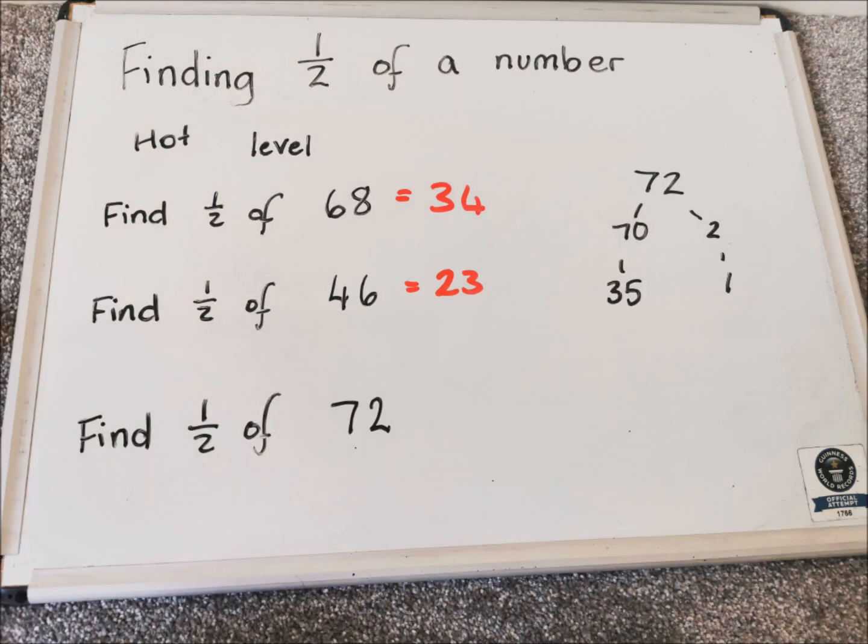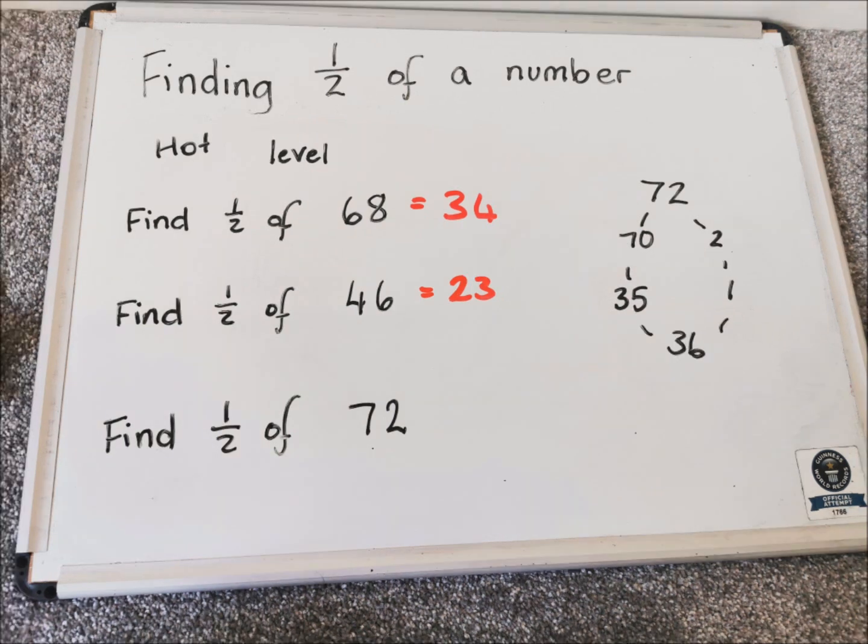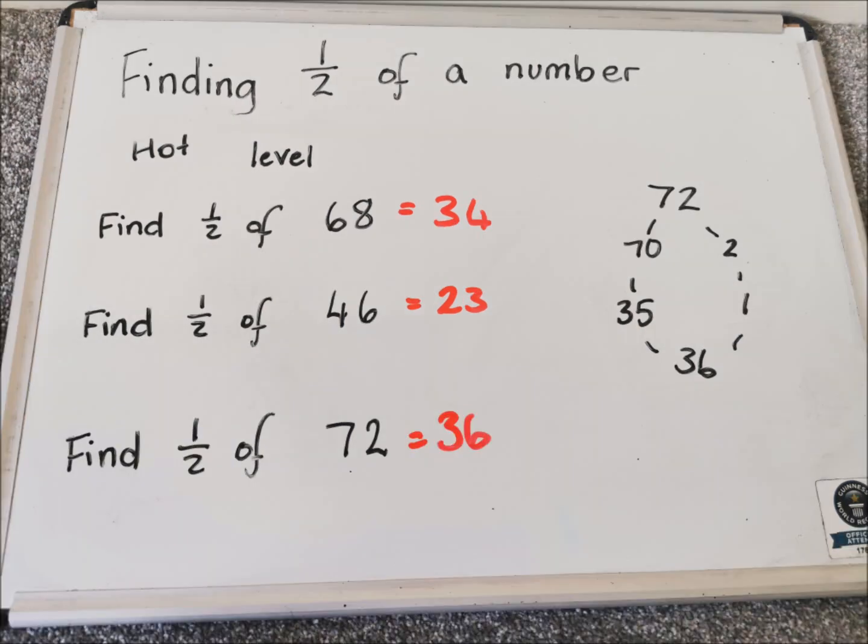Hopefully you got 35. Half of 2 is 1. So this time when we bring 35 and 1 together, we just add them up and hopefully we got 36. So half of 72 is 36. That one is a trickier example, definitely, and you will need to go back to those flashcards or poster if you made them.